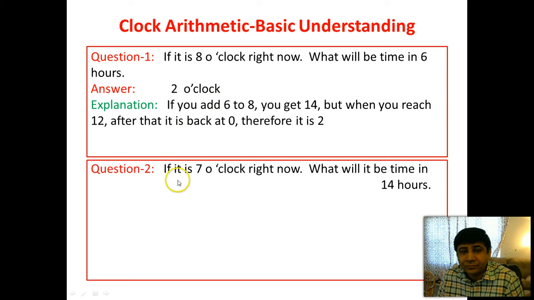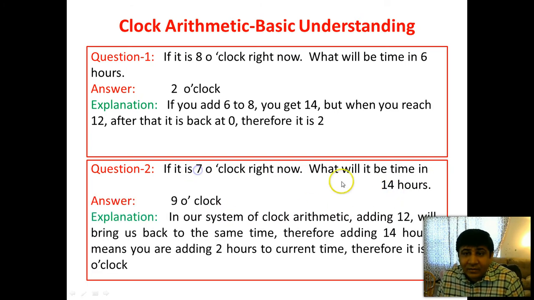Let's look at another one. Suppose it's 7 o'clock right now. What will be the time in 14 hours? 9 o'clock. Again, how? In our clock arithmetic system, adding 12 will produce the same number. If you add 12, it will bring us back to the same time, since it's a 12-hour clock. If it's 6 o'clock in the evening, 12 hours after that it will be again 6 o'clock.